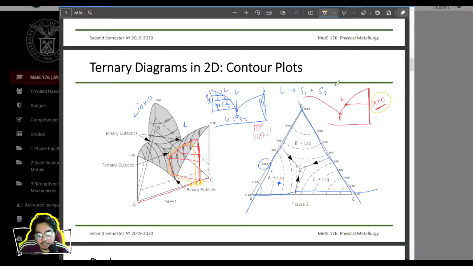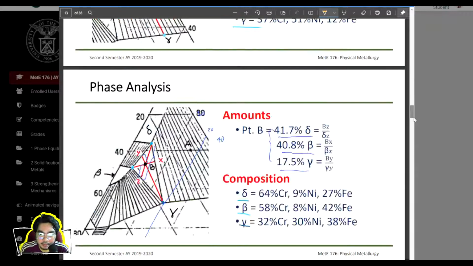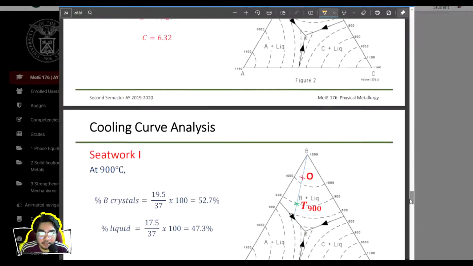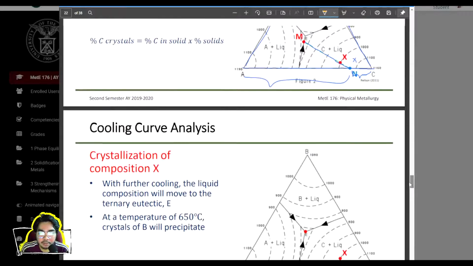Ang siguro nalilito lang sa tanong mo, sa what you mean by balance, is because yung solids mo, definitely, is only composed of A plus C. Si liquid, pwede siya magkaroon ng A, B, and C. And to determine the A, B, and C of the liquid, hanapin mo siya sa whichever point it is right now.